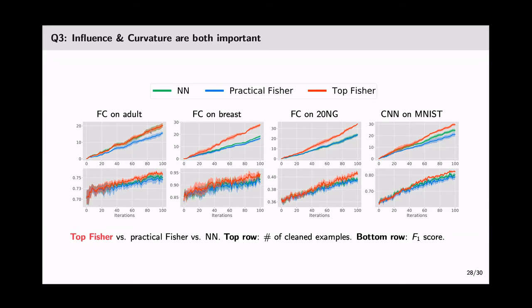It's interesting to note that on this adult data set, nearest neighbor and top feature clean the same amount of examples.